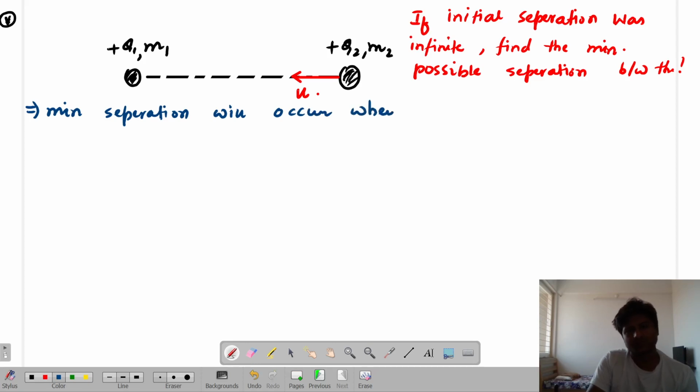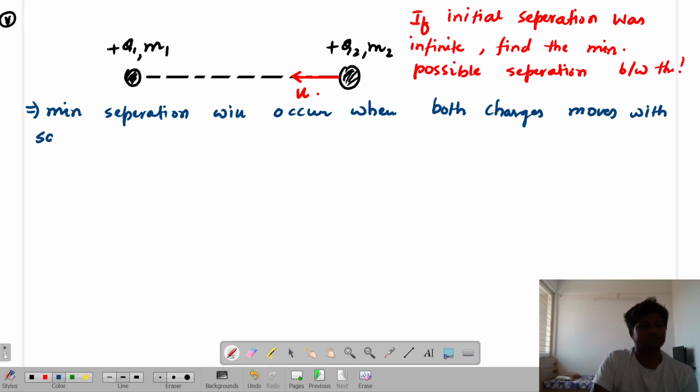when both charges move with the same velocity. So minimum separation will only occur when both charges have similar velocity, got it or not?